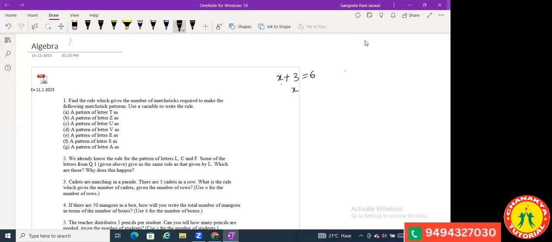X will be something which on addition with 3 gives me 6. So X is a variable here, not known to me. 3 is known to me, so this is a constant. 6 is also known to me, so this is also a constant. You got it, Adrit?